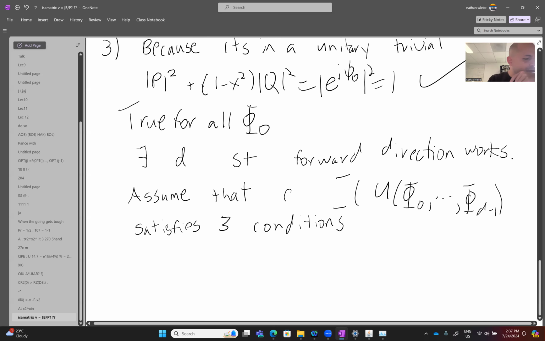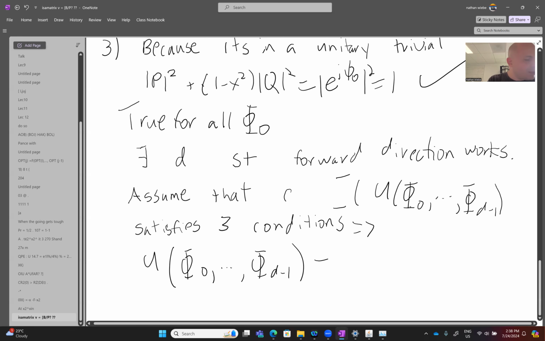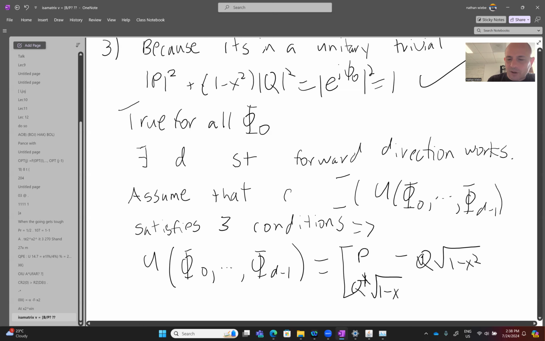Then at that stage, what this implies is that U of phi 0 through phi d minus 1 can be written as a matrix of the form P, negative Q square root of 1 minus x squared, Q conjugate square root of 1 minus x squared, P conjugate.